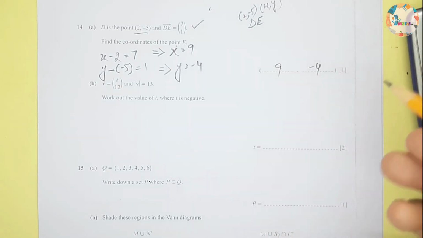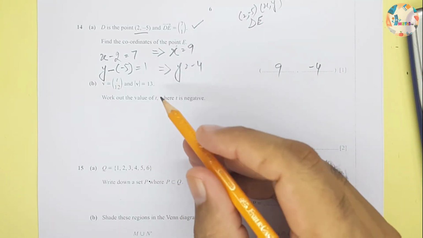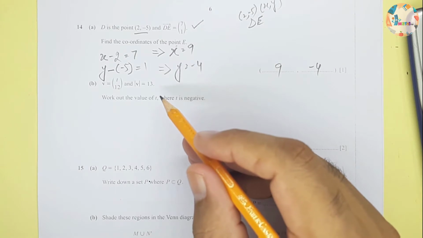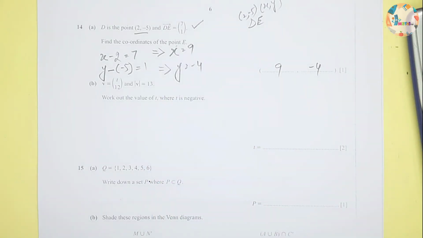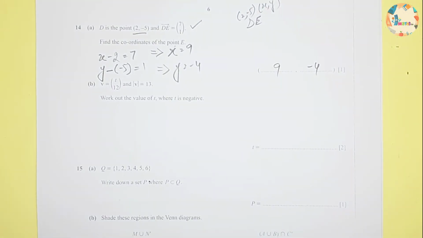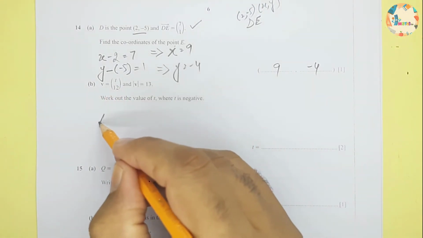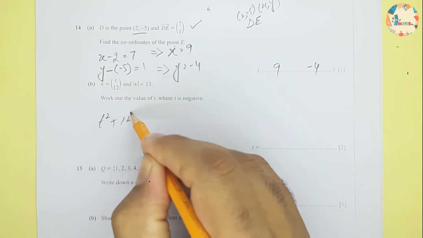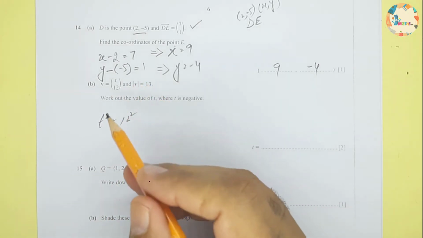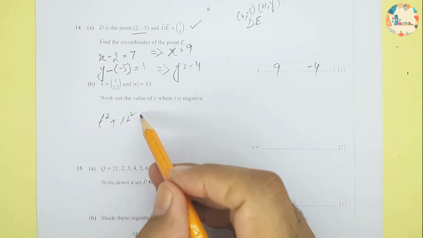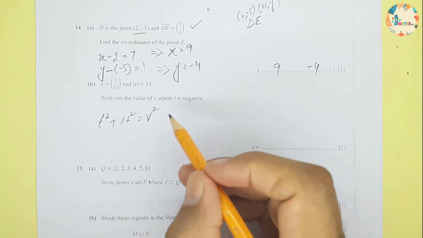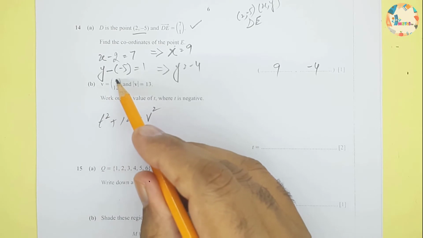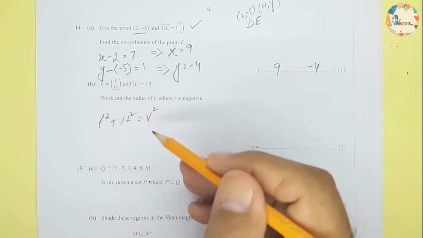Hopefully you got this. Then v is equal to this, and the modulus of v is equal to 13. So work out the value of t where t is negative. From here we can write t square plus 12 square is equal to v square, like this square plus this square will be equal to this square.